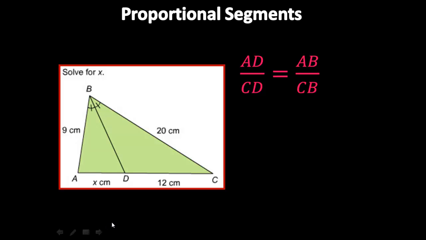Okay, so let's look at this example on proportional segments. It says solve for x, and it shows that here we've got 9 centimeters, AD is x centimeters, and down at the bottom DC is 12 centimeters, and BC is 20 centimeters.